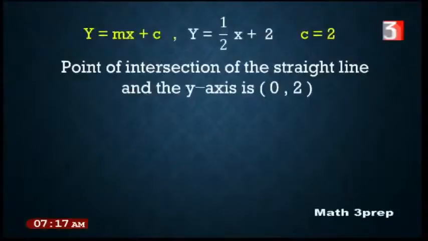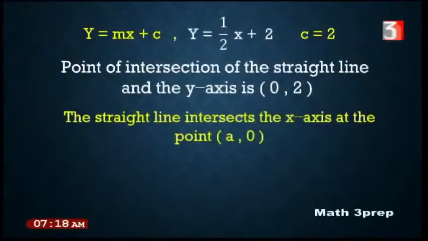What about the point of intersection of the straight line with the x-axis? To cut the x-axis, the value of y must be 0. So by substituting in the equation of the straight line y equals 0, 0 equals half x plus 2.